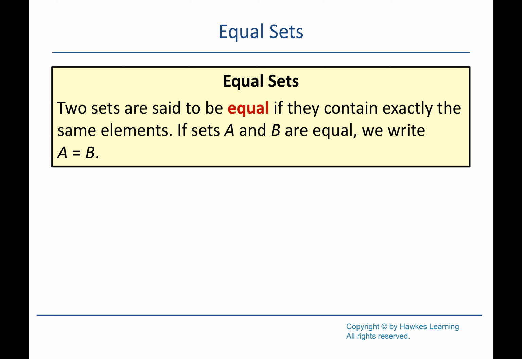Now, if you're thinking about the sets being listed down, the order that they're listed doesn't matter. It just matters that the things in the sets are the same. And if we want to say two sets are equal, we just put the normal equal sign between them. So nothing too special there.